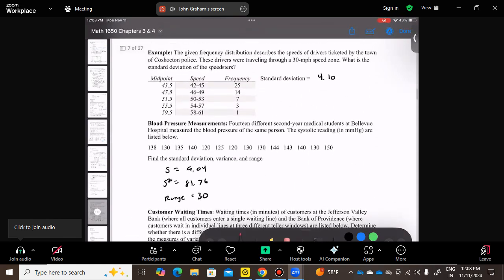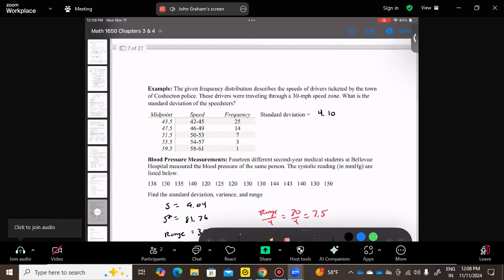Come up here, the blood pressure. Range over 4 will be 30 over 4, which is about 7.5. Right, again, kind of lower. For the speedsters, we can look at 59.5 minus the 43.5, which is 16, and do that over 4, we get 4.